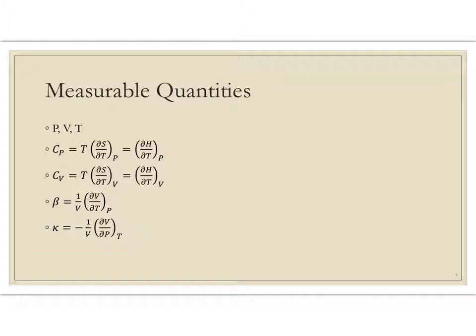We also have an isobaric compressibility beta, which is how volume changes with temperature. And then the isothermal compressibility kappa is the negative of 1 over V dV/dP at constant temperature. So all of these things could be directly measured.